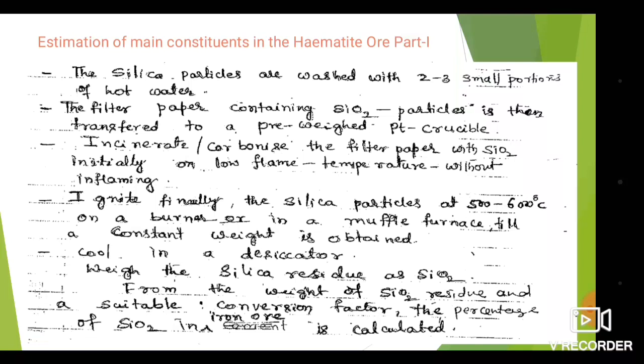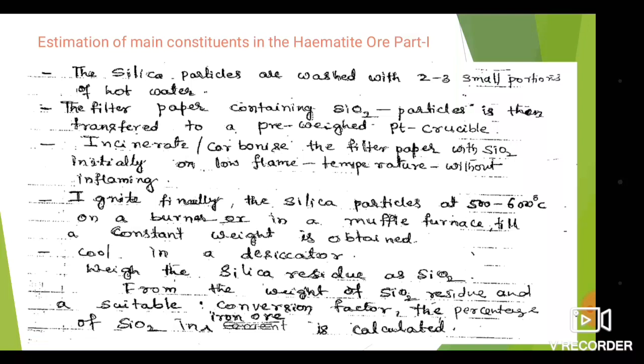After filtration, the filtered residue is washed 2-3 times with hot water, and then this silica is transferred to the pre-weighed platinum crucible.